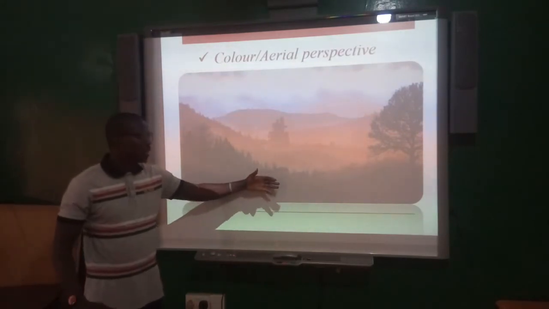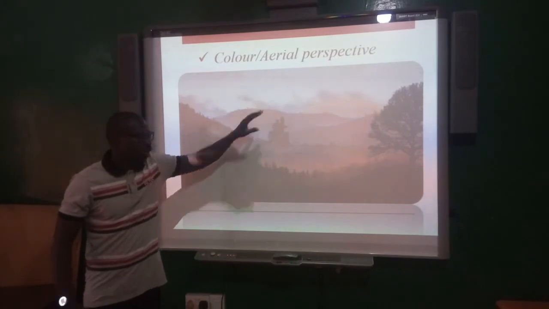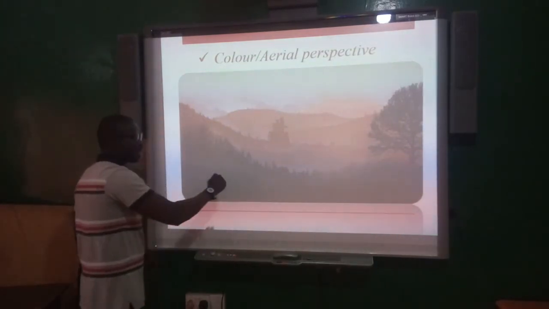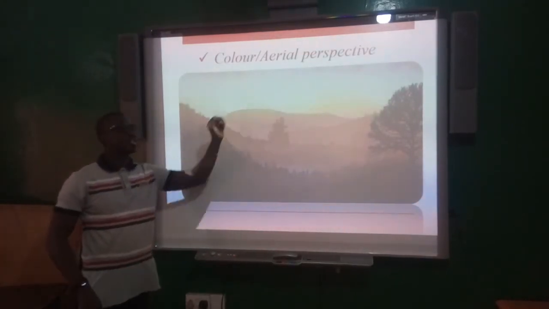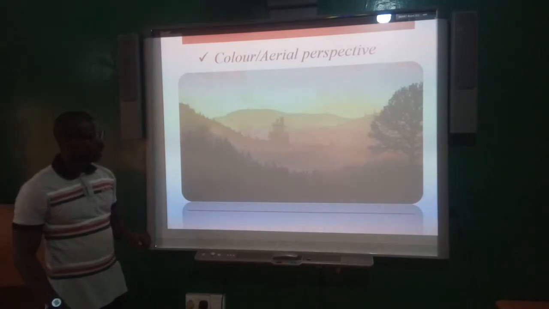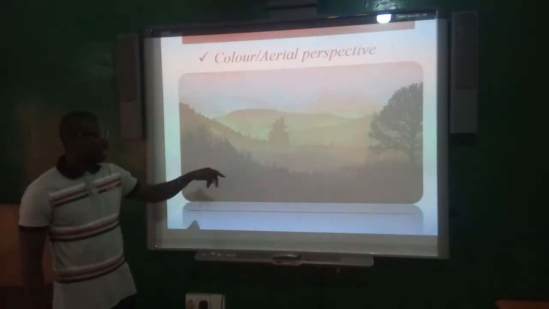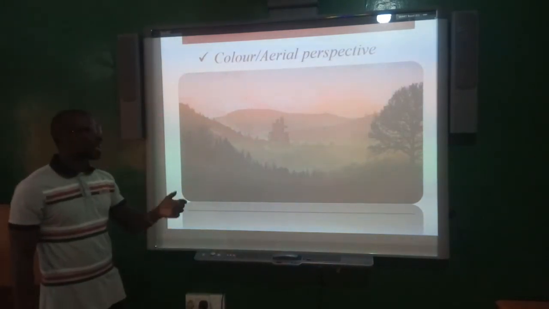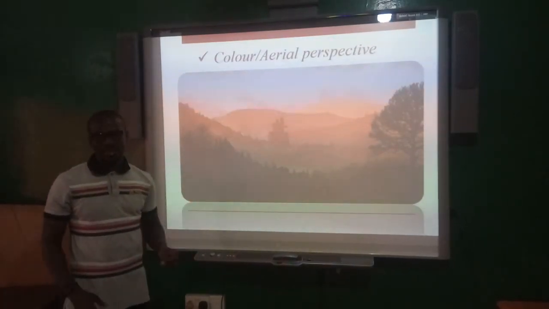So that means the person took the picture from this side to that side. Now if you look at this side, which is closer to the viewer, the tones are deeper as compared to those in the distance. If you look at the tones comparatively, you will say that the tones closer to the viewer are more intense and vivid as compared to those that are in the distance.